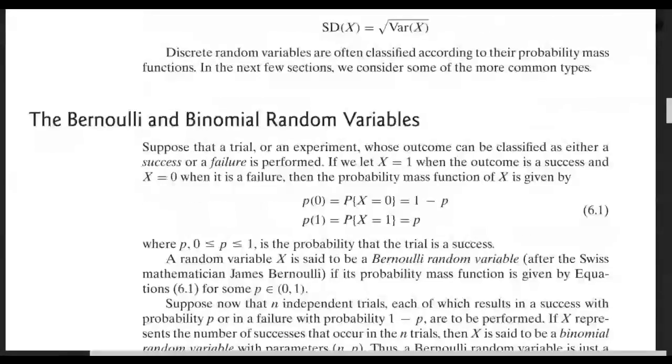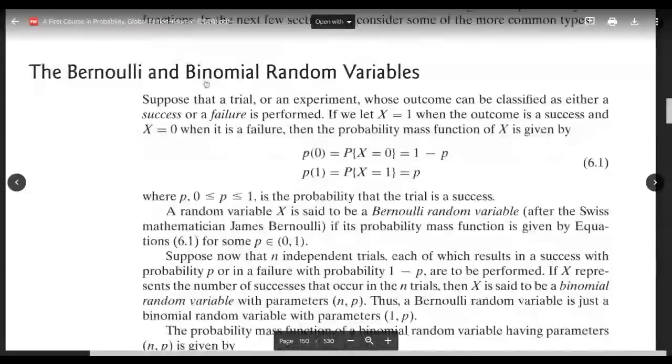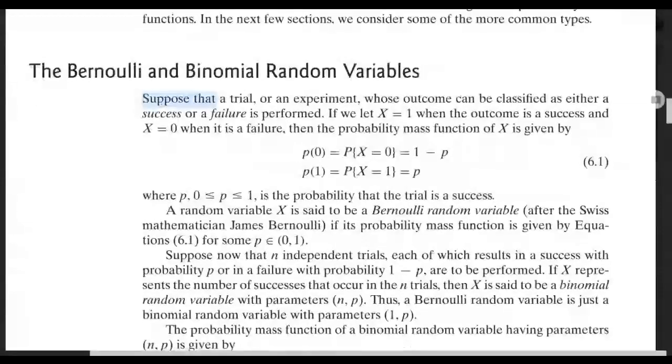Okay, Bernoulli and the binomial random variables. Binomial is the binomial we know. Let's read. Suppose that a trial or an experiment whose outcome can be classified as either a success or a failure is performed.